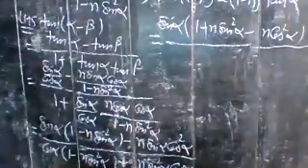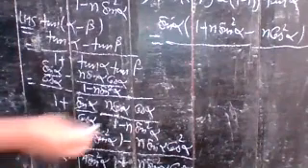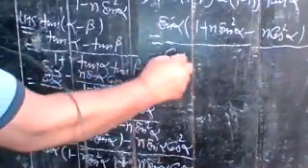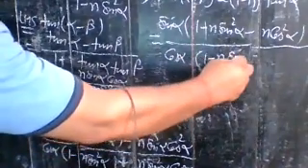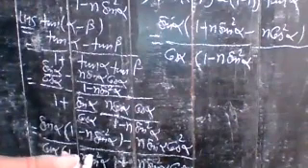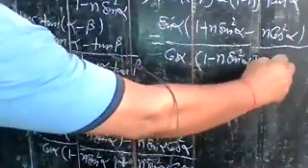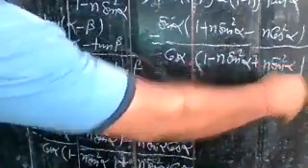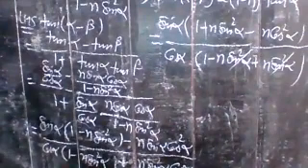In the same way, in denominator, you take common cos alpha. So you have 1 minus n sine square alpha plus n sine square alpha, so that cancels out.